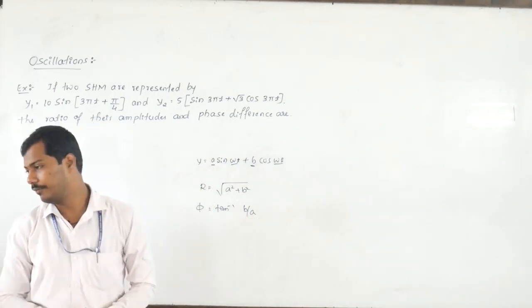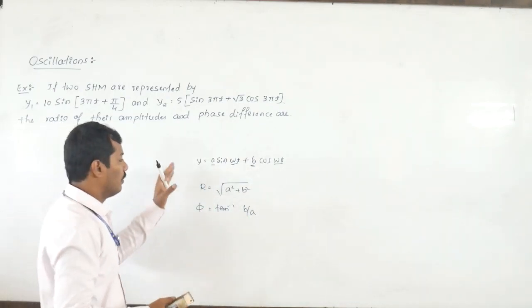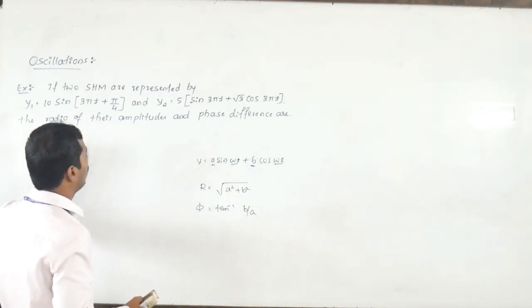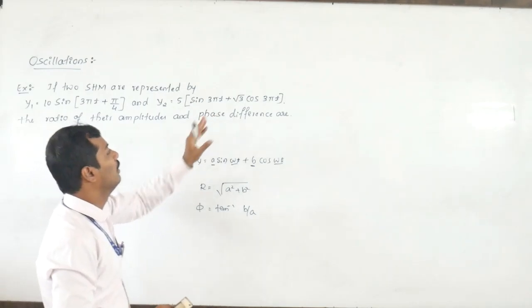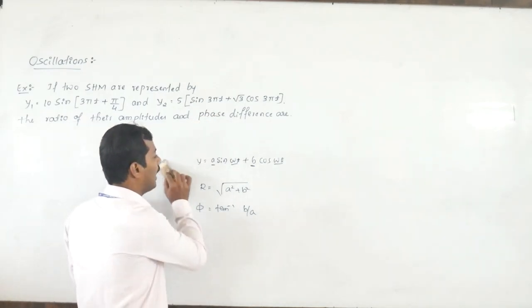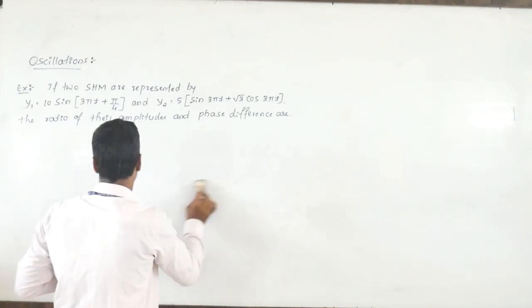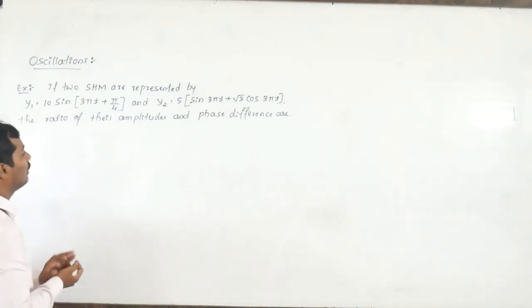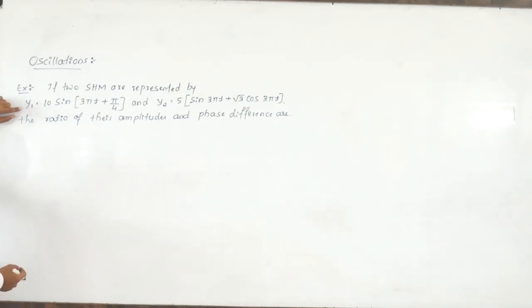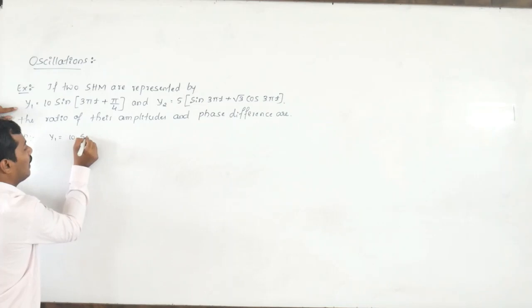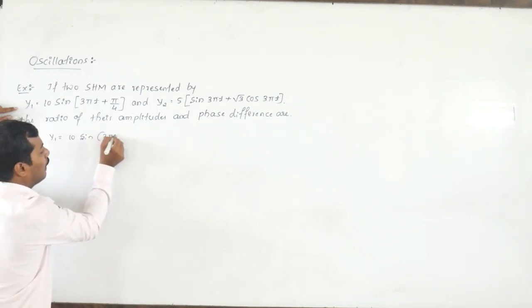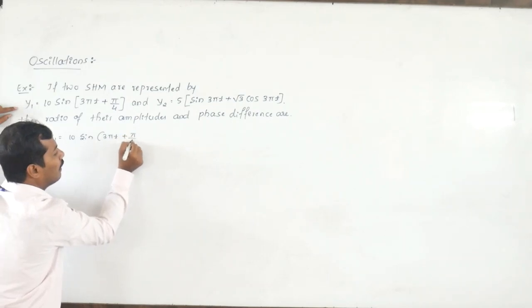Okay. Now, using these two forms, we have to calculate the ratio of amplitudes and the phase difference for this given example. The first equation is y1, the equation of displacement representing simple harmonic motion: y1 equals 10 sin(3 pi t plus pi by 4).